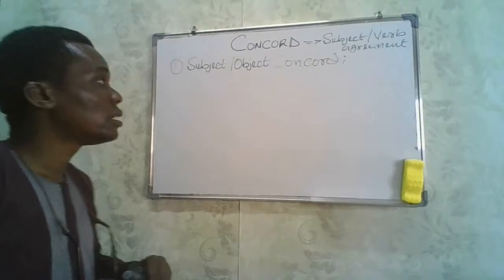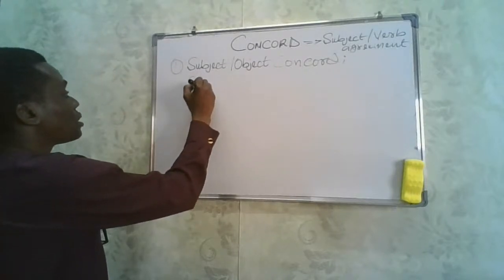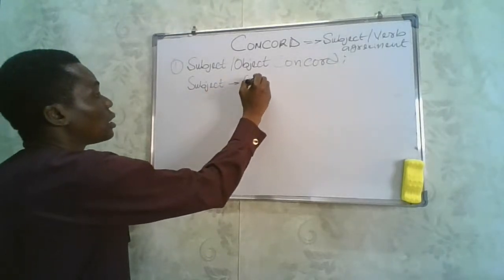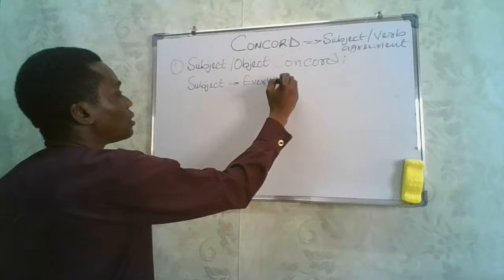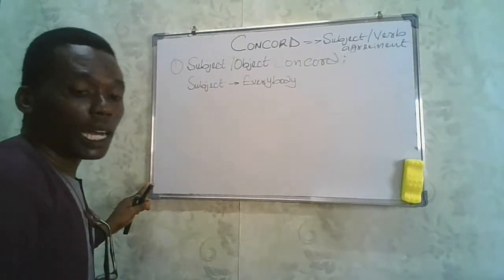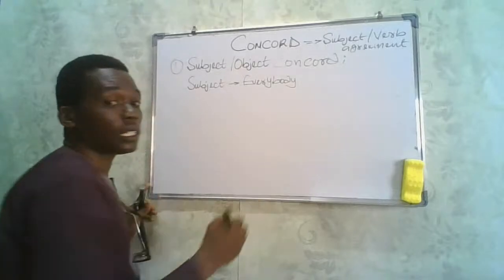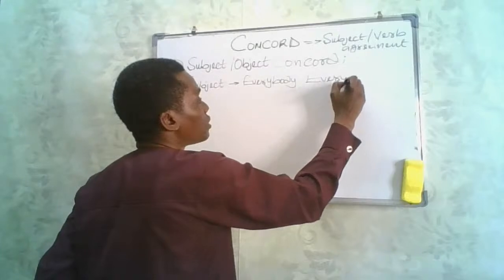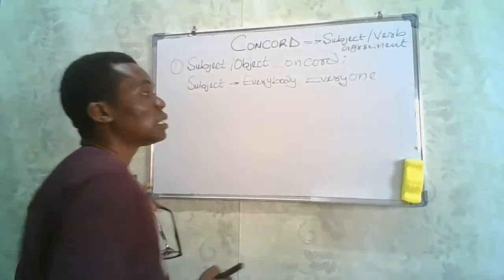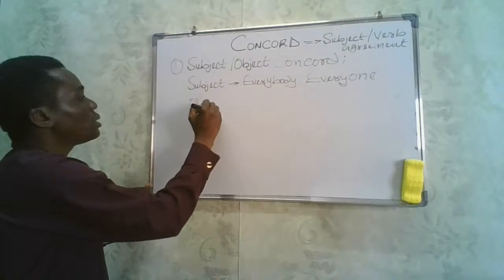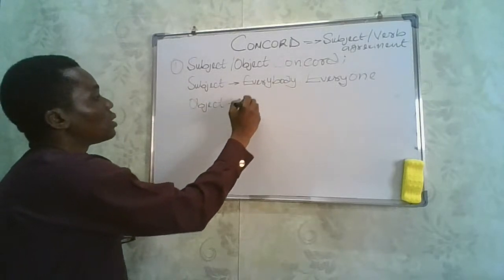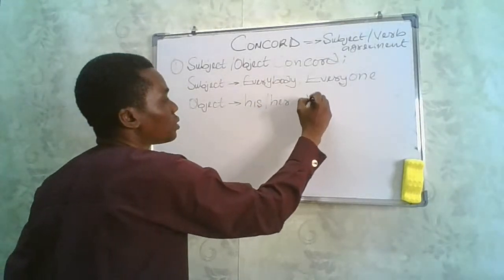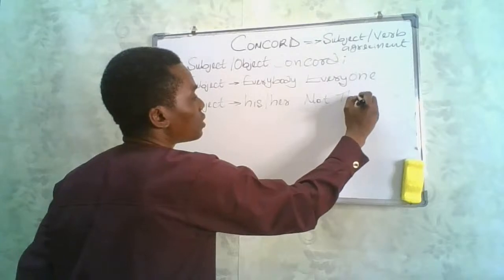Now, let me explain. Whenever we have subjects that have to do with everybody, everyone, then the object that should go with it is his or her, and not there.